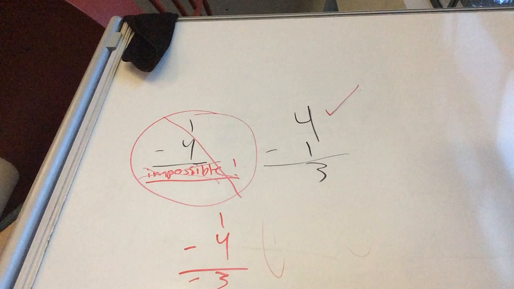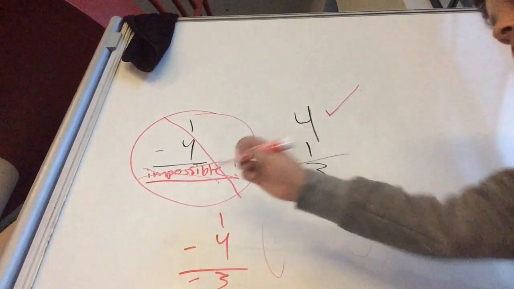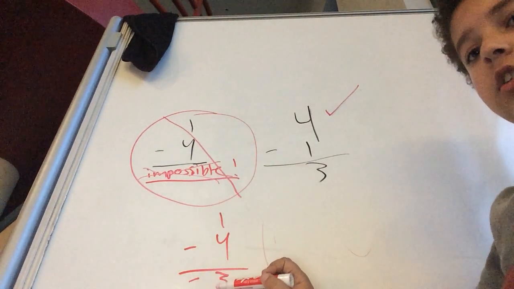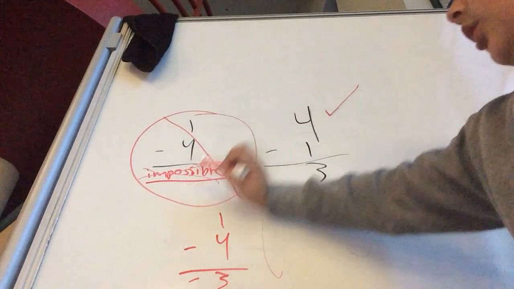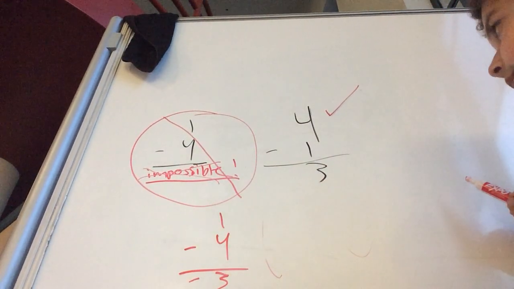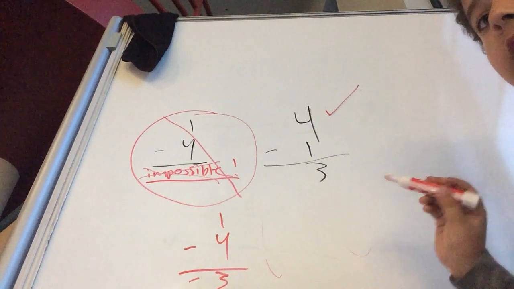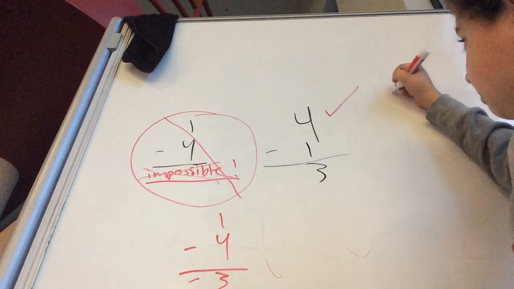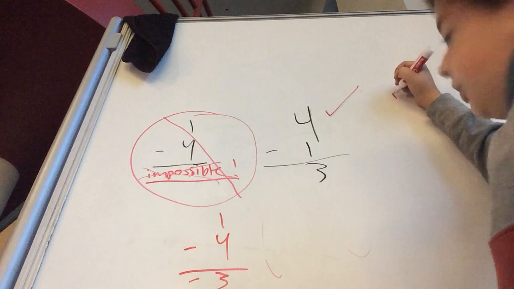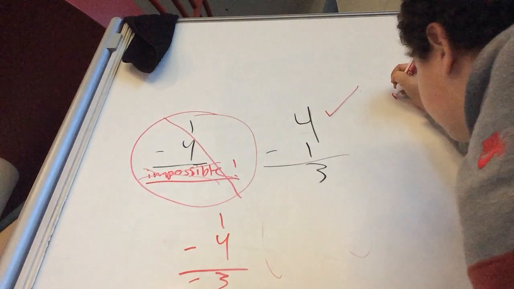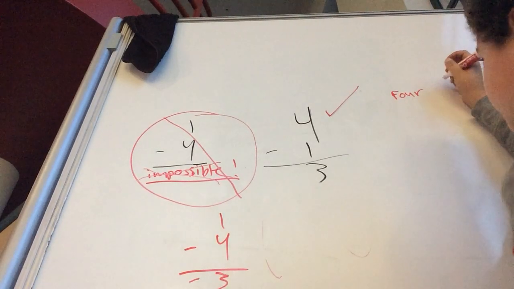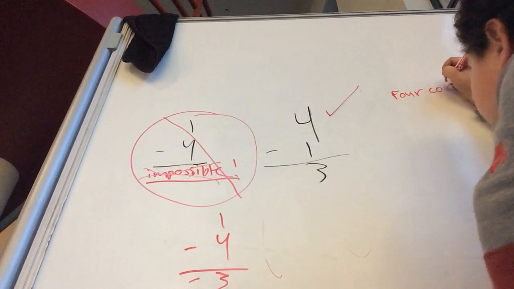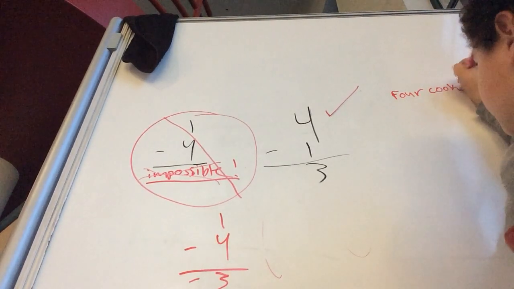What I'm saying is, in the 4th grade, not a lot of people know what negatives are. So practically, if a person actually has to say, it says, four cookies.